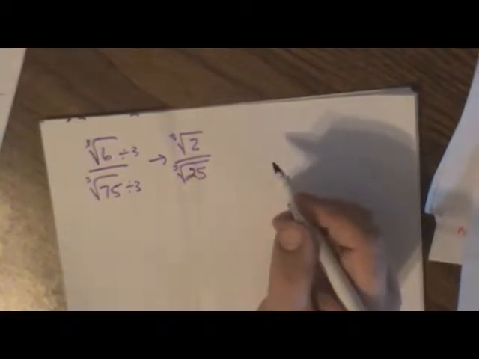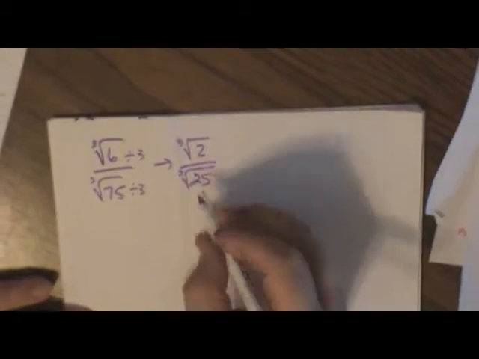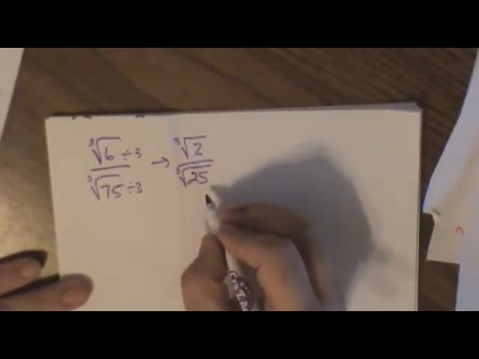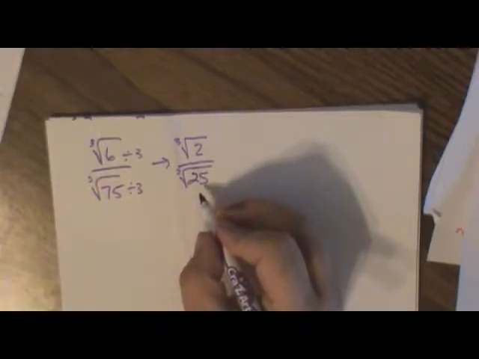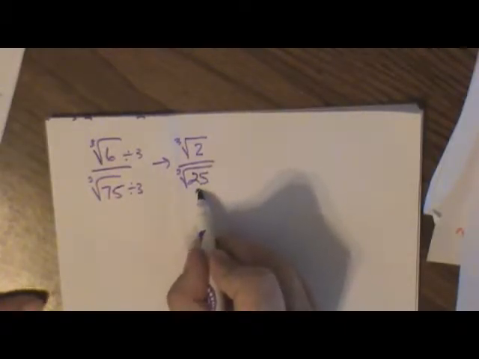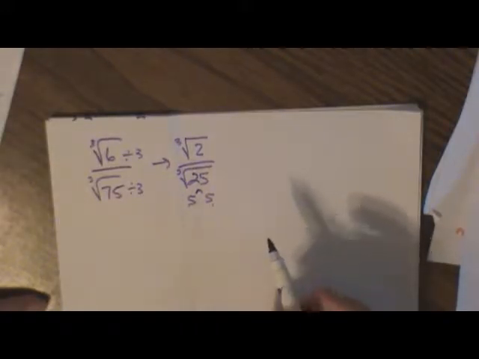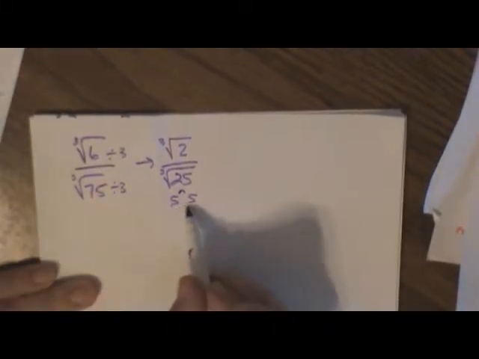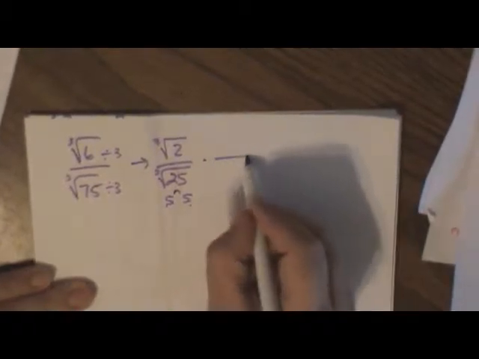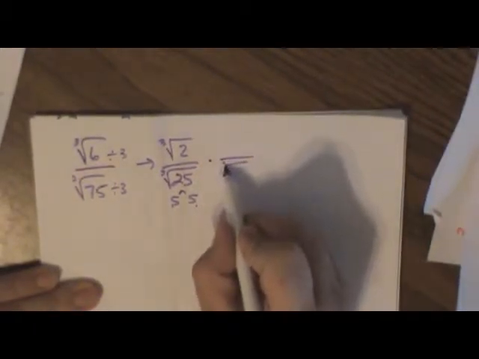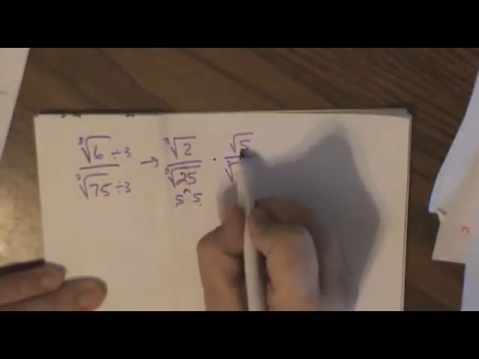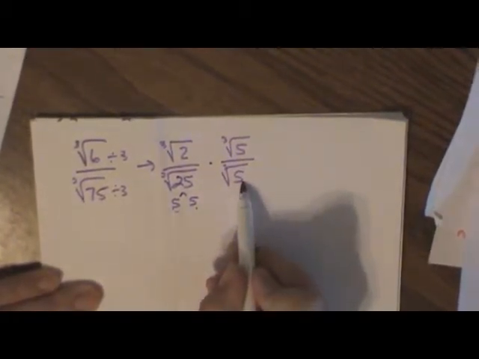Now, to make this easier, we could identify that as 5 times 5. So all we really would need to do is multiply by the cube root of another 5 to get a third 5.